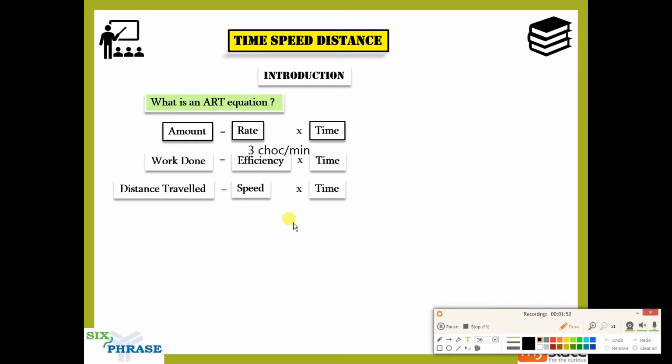Efficiency is always per time, something per time, like per minute or per hour. That tells you how efficient somebody is. Within a minute, this child is able to eat three chocolates. If somebody else is able to eat five chocolates within a minute, you would say that child is more efficient than this child who eats three chocolates per minute.